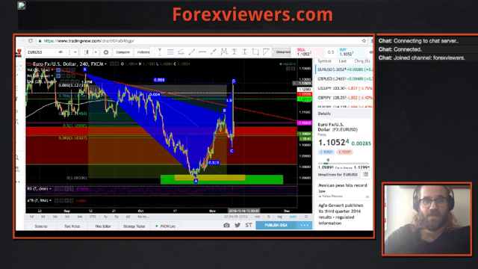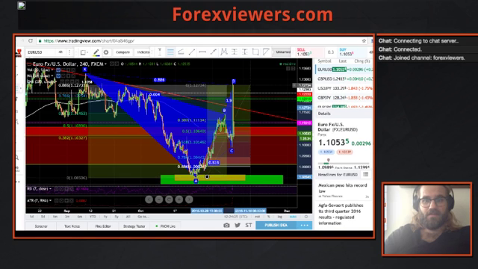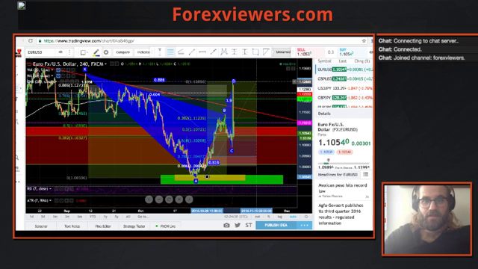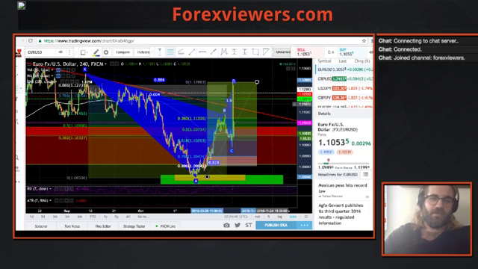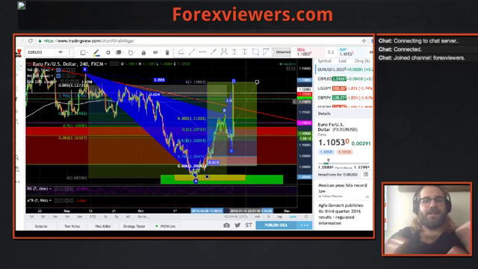And we would actually have gotten two targets. Or not quite yet. We have moved to break even right here, touch of the 38. But as you can see, we're not quite at the 618 just yet. So if I were trading this, I would move my stops to break even right here, and I would be in a risk-free trade. But that's not the point.